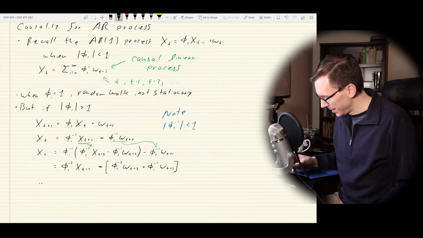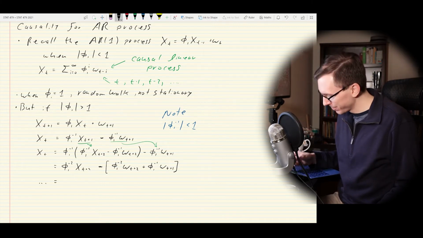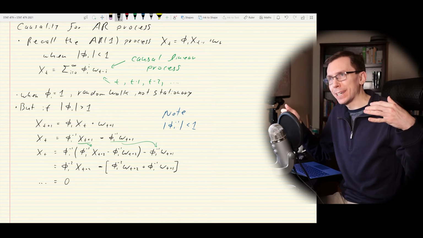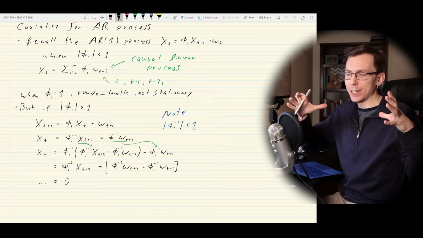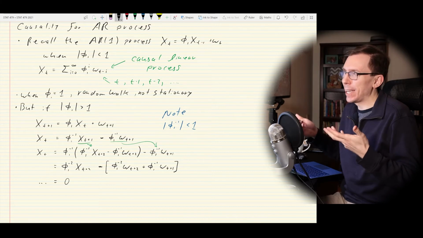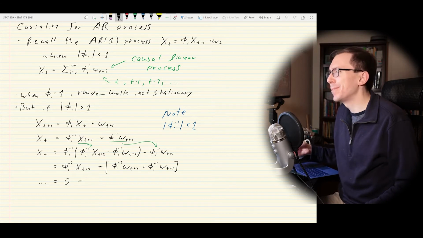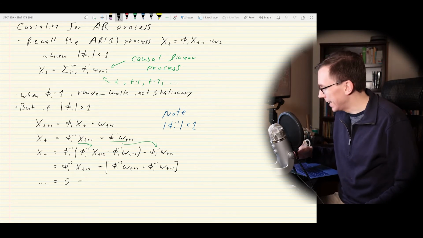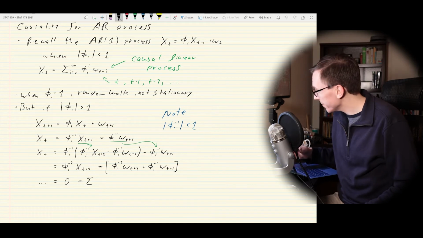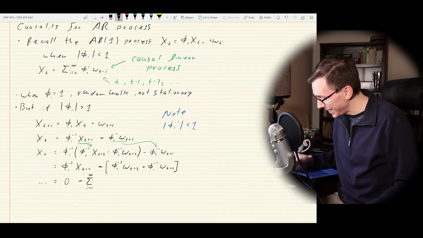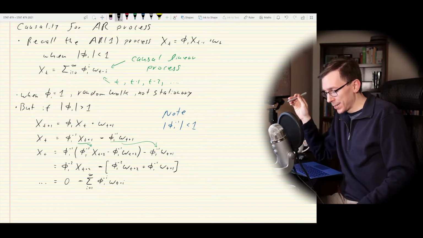If we keep iterating this, the first term is going to end up being 0 again, because we keep multiplying by a number less than 1 in magnitude, which takes this down to effectively a random variable with 0 mean and 0 variance. So it's 0, almost surely. And then we take the sum over i from 1 to infinity of phi 1 to the minus i times w_{t+i}. There are a couple of things going on here.